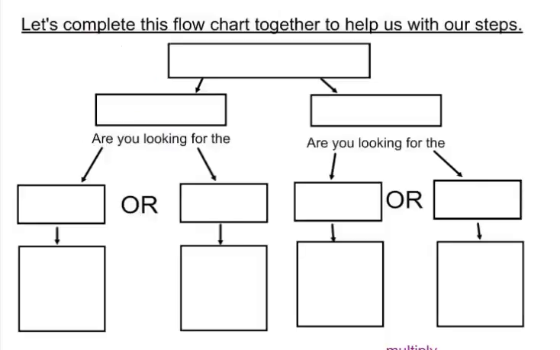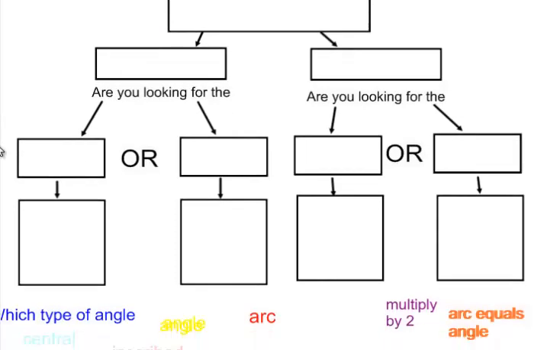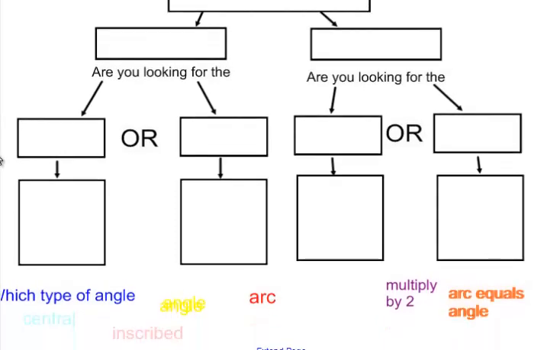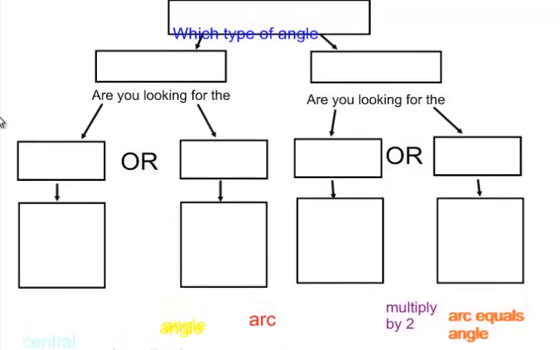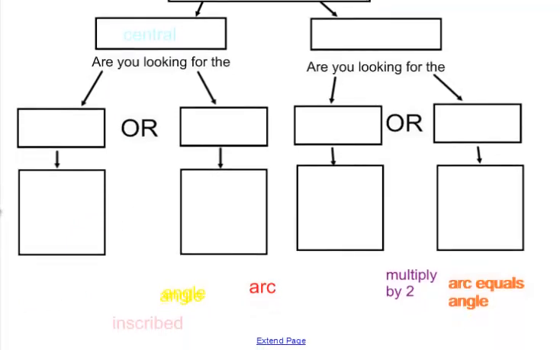Okay, so let's summarize that right here. Just as we're thinking about these last two lessons, the first thing you want to do is ask yourself which type of angle you have. Is it a central angle, or is it an inscribed angle?